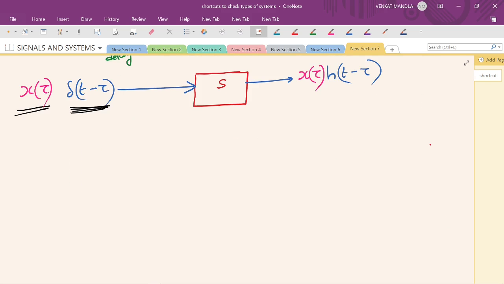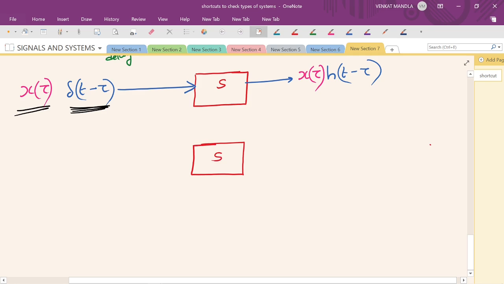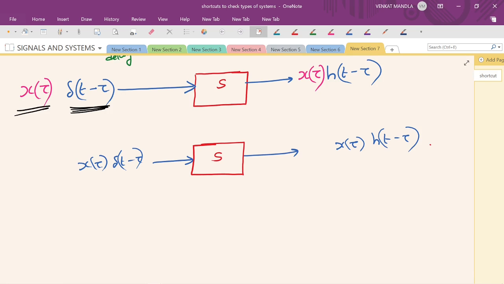Now for the same system, the input is x of tau delta of t minus tau, and the output is x of tau h of t minus tau. Now I will integrate them.